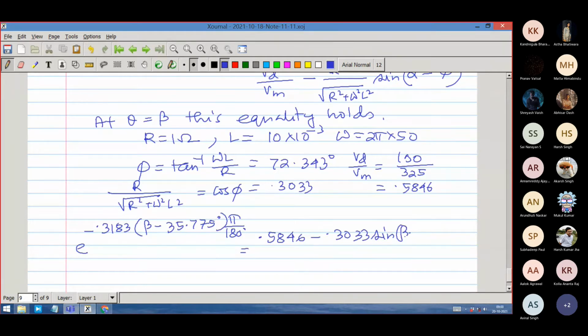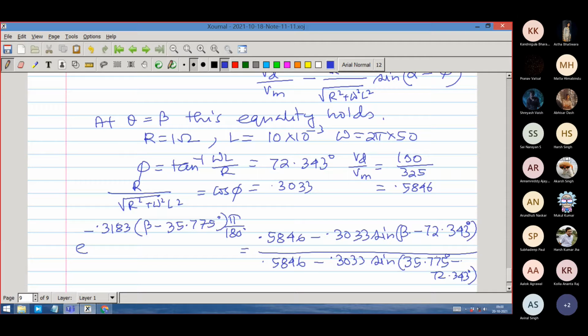Beta minus 72.343 degrees, divided by 0.5846 minus 0.3033 sine of 35.775 minus 5, equal to 72.34 degrees.